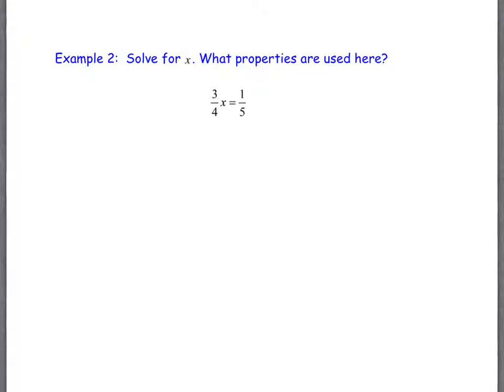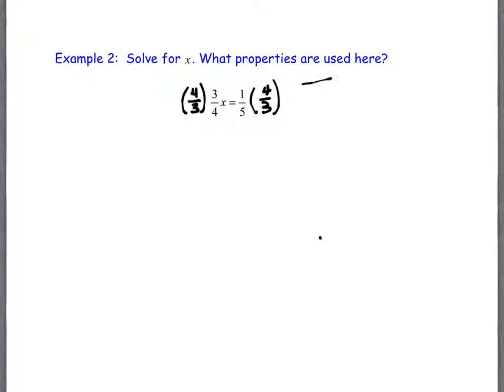So we're taking a look at the equation 3/4 x equals 1/5. So what would I need to do to get that 3/4 to go away? Multiply by the multiplicative inverse, right? So the multiplicative inverse of 3/4 is 4/3. So what I'm doing right now is 2 steps in one.